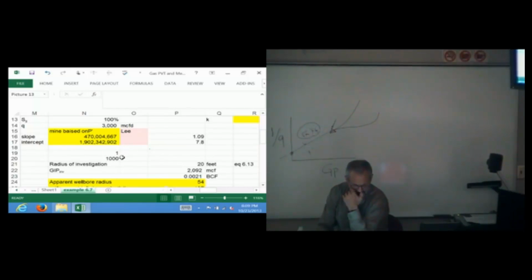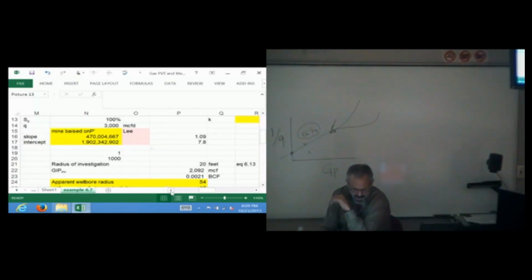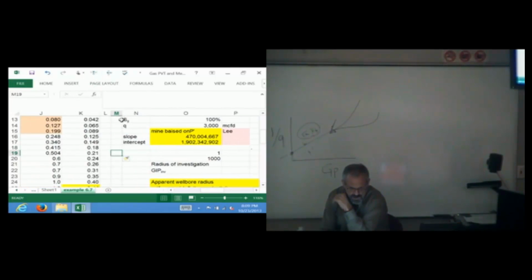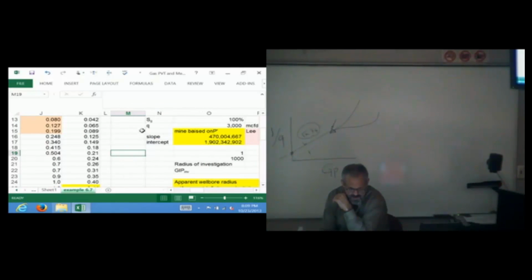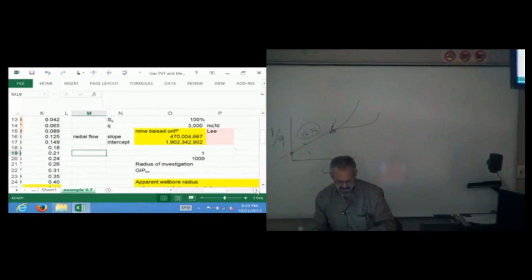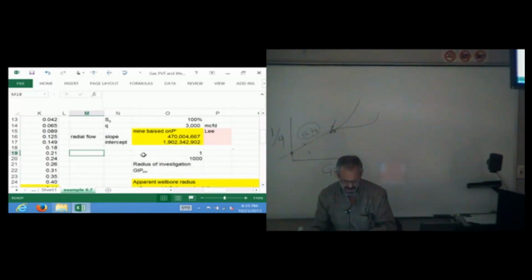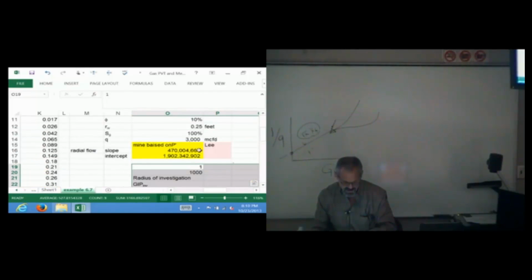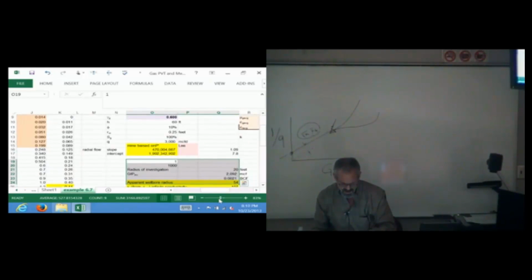Okay, that's my radial. Incidentally, like I said earlier, you're never going to see a buildup like this or a drawdown like this because I've never seen one that has both radial and linear flow. I want to put it right next to this. I got to be careful what I move.